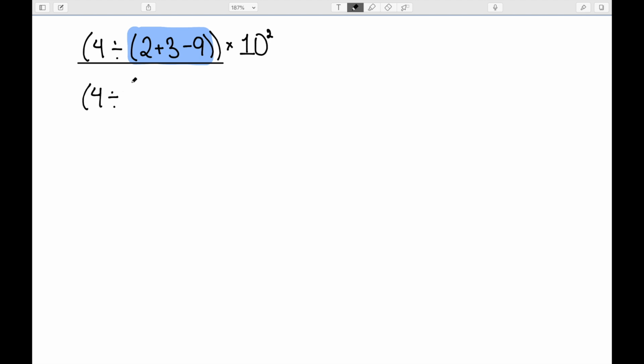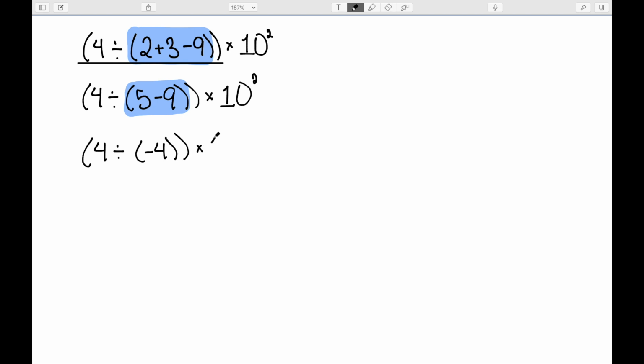And as we do this, we need to add or subtract left to right. 2 plus 3 is 5. So we have 4 divided by 5 minus 9, all times 10 squared. And then we can do the 5 minus 9. So it's 4 divided by negative 4 times 10 squared.